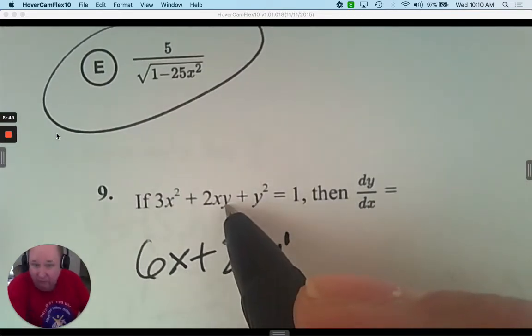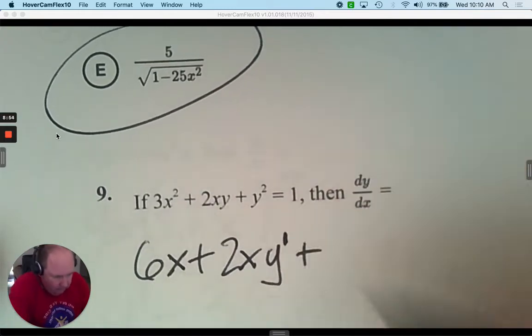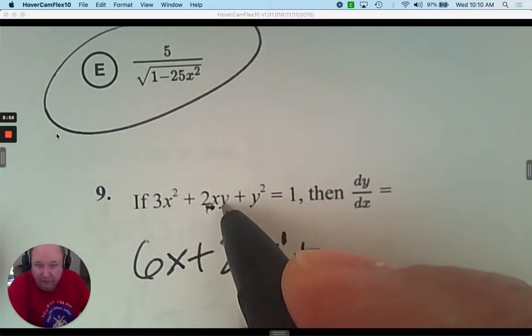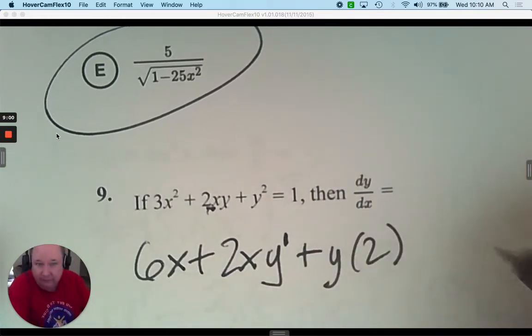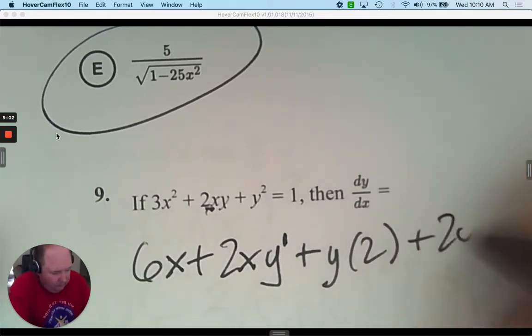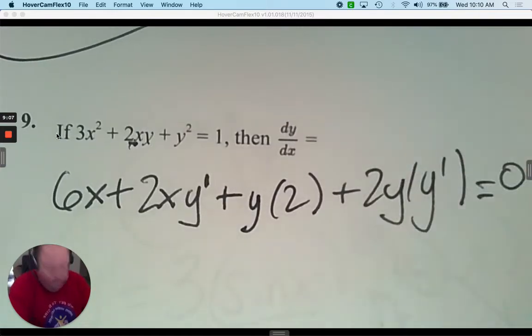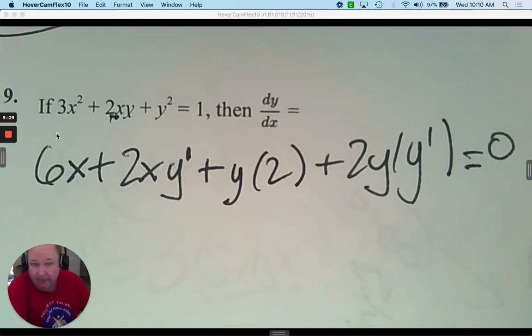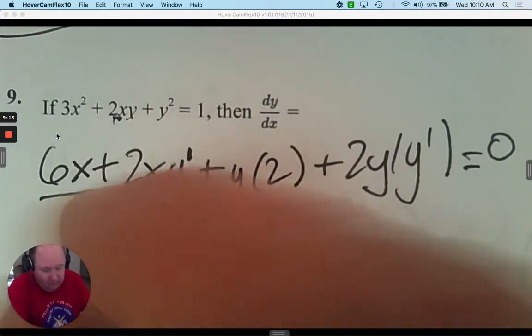The derivative of y is 1, but the hook is y prime. So the first times the derivative of the second plus the second times the derivative of the first. The derivative of y squared is 2y, but it needs the hook y prime, and the derivative of 1 is 0.